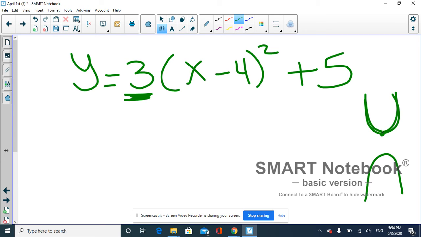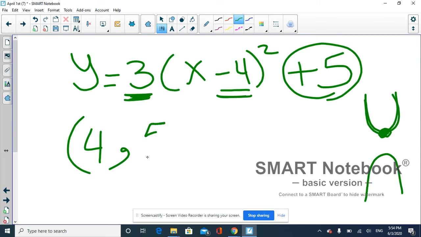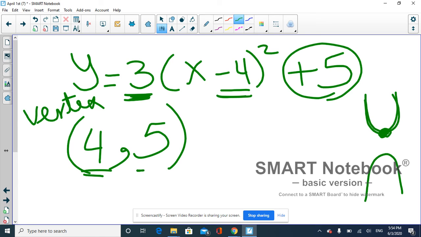If you remember, the vertex of the parabola is this point here. Okay? We take the number inside the parentheses, but with a different sign. This is negative, so we take the positive 4, and we take the outside number with the same sign. It's positive, so take it positive. Okay? This is the vertex of the parabola. This is the x coordinate, this is the y coordinate.